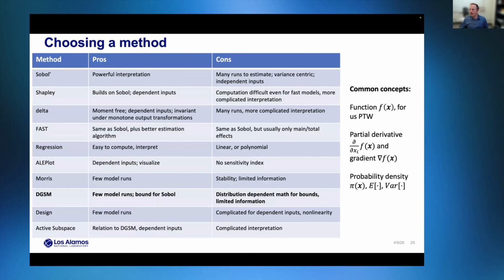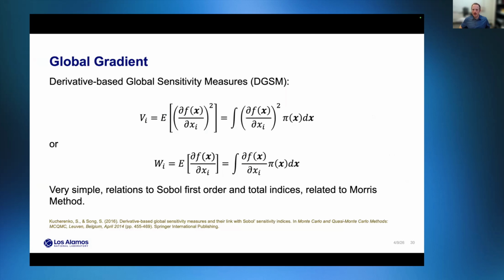And I'll particularly talk about it as an upper bound. I think some of the cons associated with it is that it's distribution dependent, and it's hard math for coming up with the bounds. And the fact that it's only a bound means it has some limitations in our interpretability.